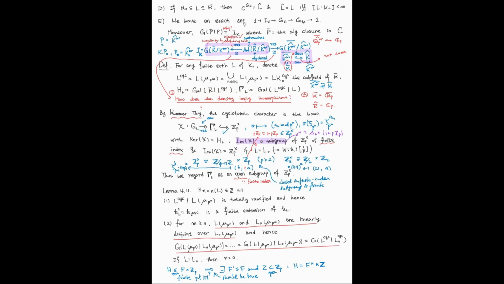If there is density, it always implies isomorphism. So when we use density here, let me see. The density of the... I see. It is exactly okay.